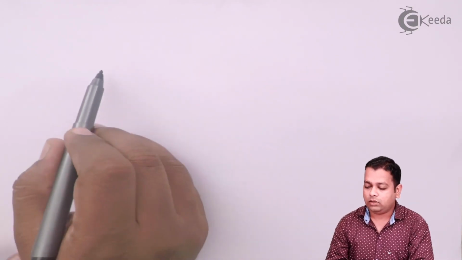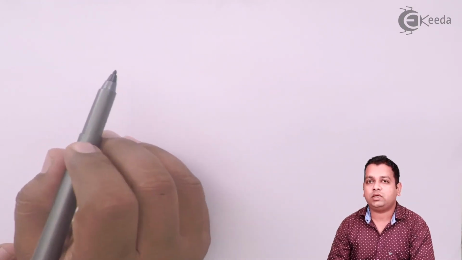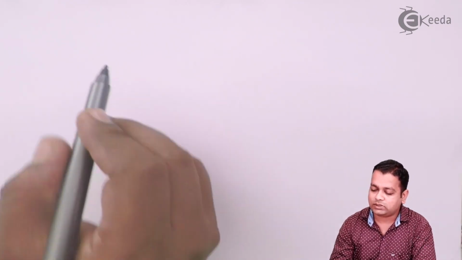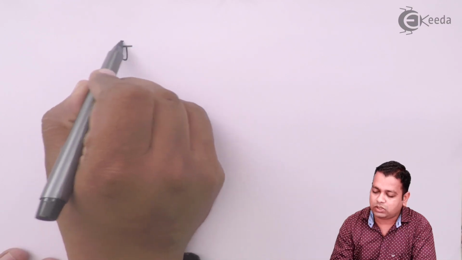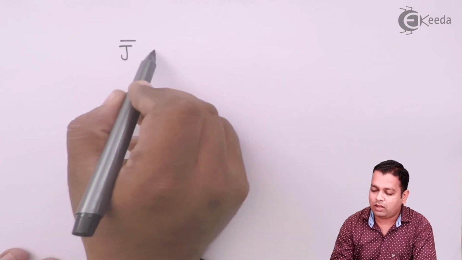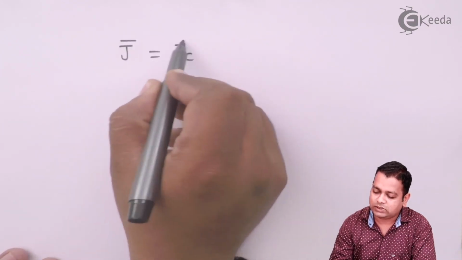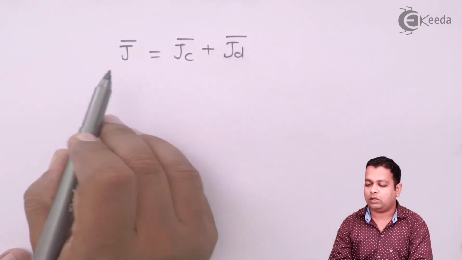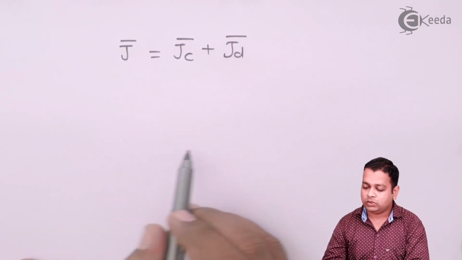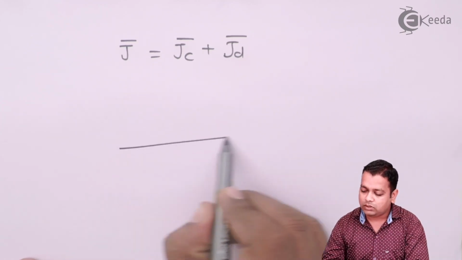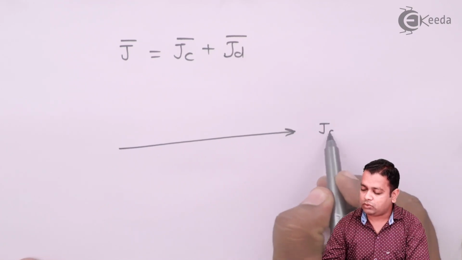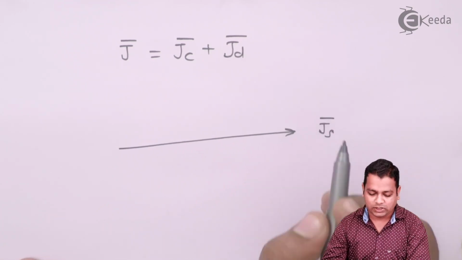Now JC bar and JD bar are both current densities. Initially we used to represent current density by J bar, and now we know that we can resolve the vector current density as JC bar plus JD bar. So in general, if I draw J bar with this vector representation, I must write it in phasor form, which is JS bar.